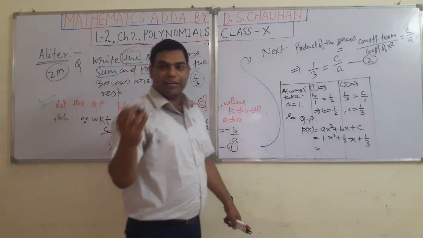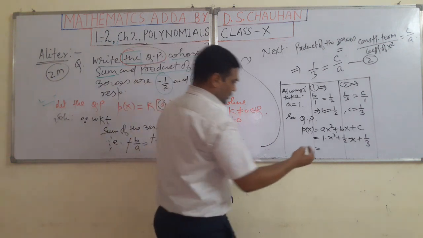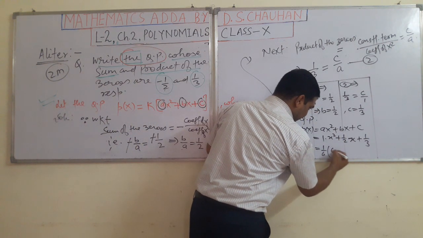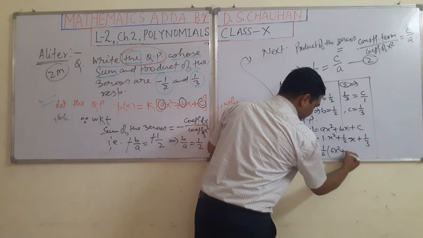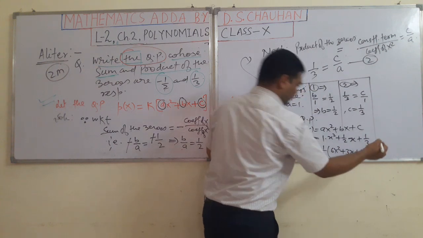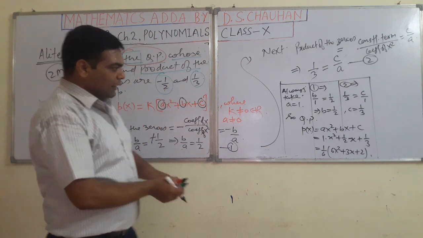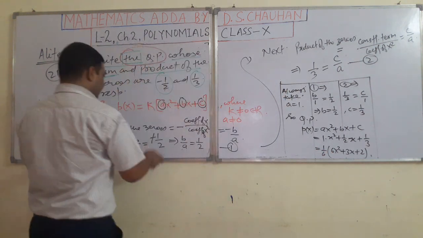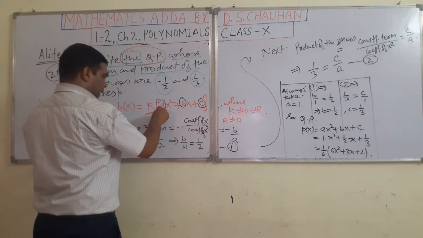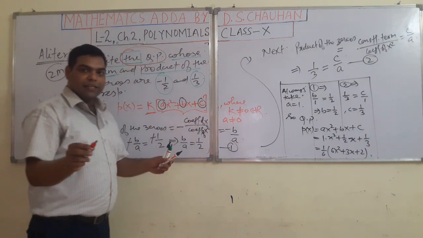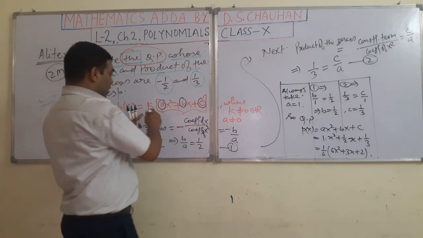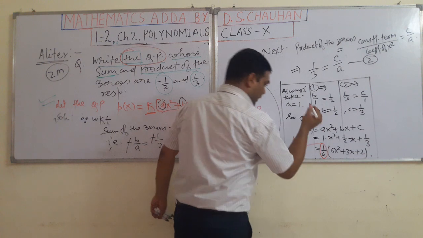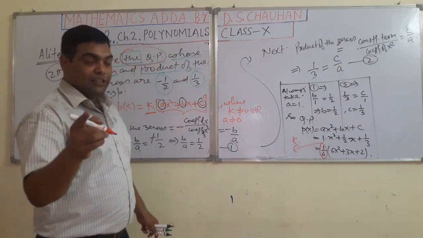After taking LCM, what you will get here is 1 by 6 times 6x square plus 3x plus 2. Here you see that this is a quadratic polynomial of the type k times ax square plus bx plus c, where k equals 1 by 6, which is other than 0.